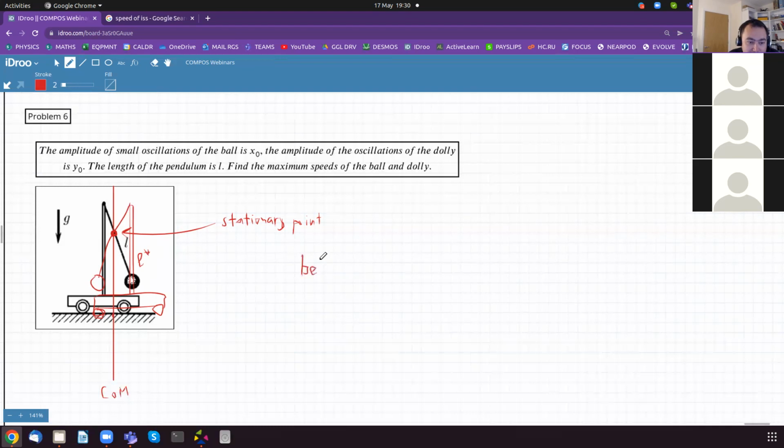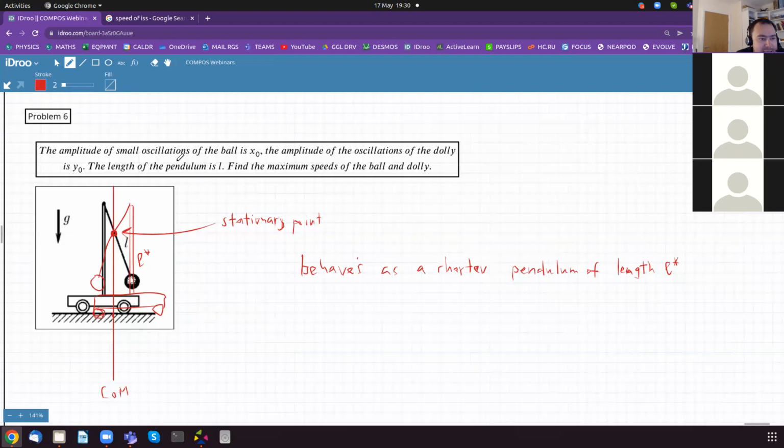It behaves as a shorter pendulum of length L star. So how do we find L star? Well, we need to find the position of the center of mass.